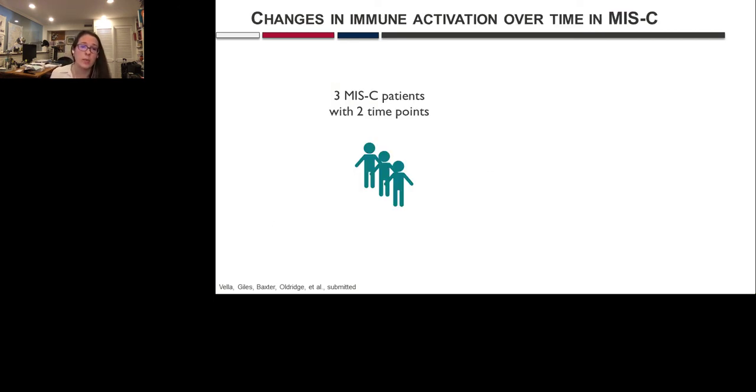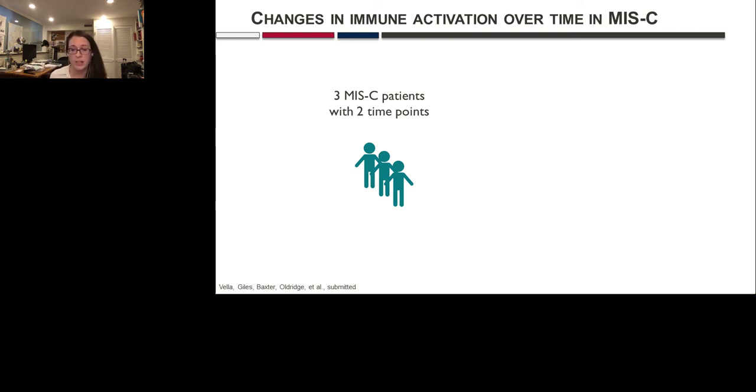So the last thing we wanted to understand here was, again, how the immune system was changing over time. And this was particularly interesting in these MIS-C patients because when these kids first show up at the hospital, they're really sick in a scary kind of way. But luckily, with the right treatments, these patients almost always recover and are able to be discharged and do just fine.